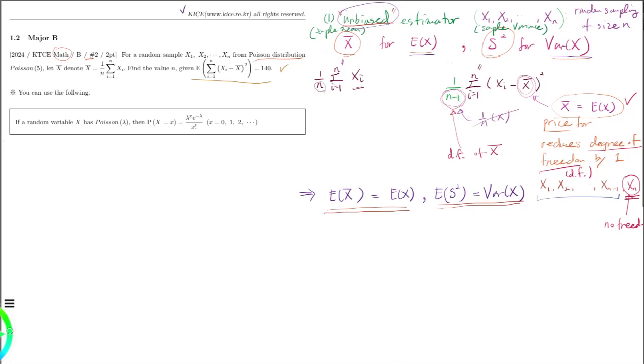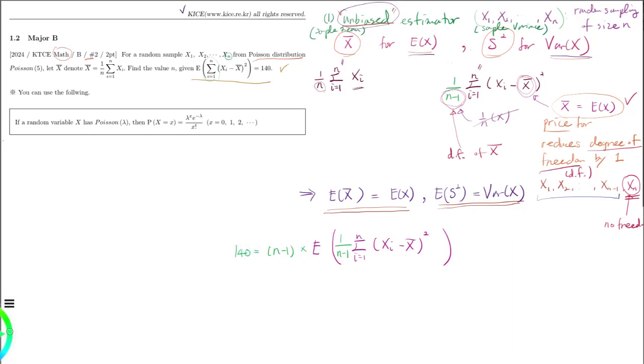I can use the sample variance: if I divide the sum of squares of deviations from the sample mean, the inside of these parentheses here, by n minus 1, and multiply n minus 1 outside, then we have the same thing.